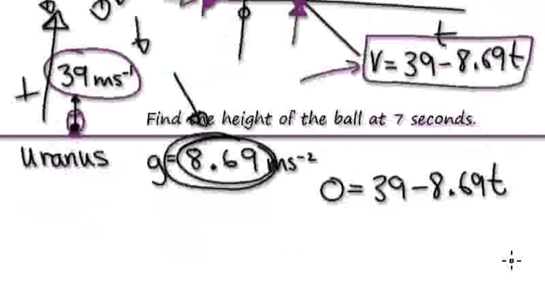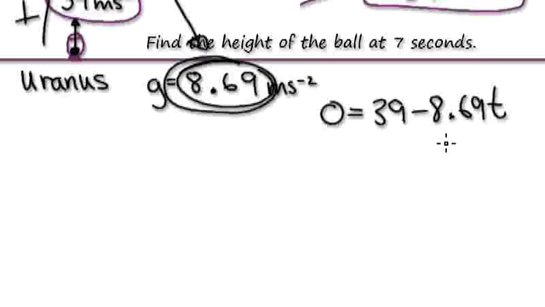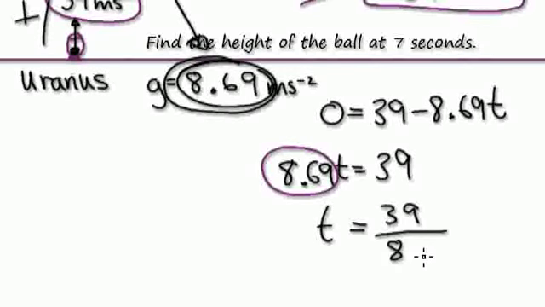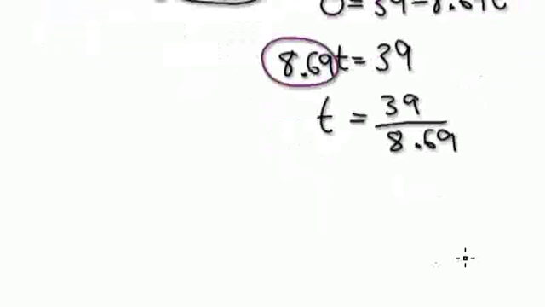Now it's just a matter of finding out t. So add 8.69 t to both sides: 8.69 t equals 39. Now get t on its own, so divide both sides by 8.69. So t equals 39 over 8.69.